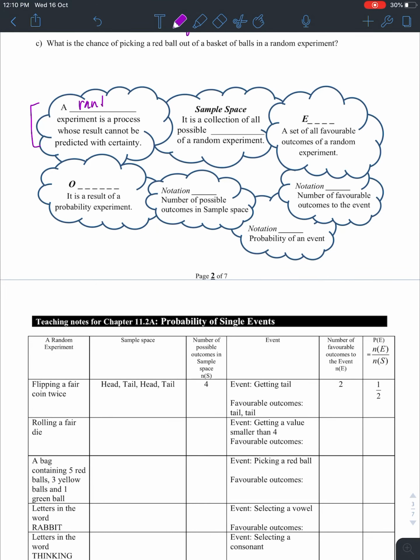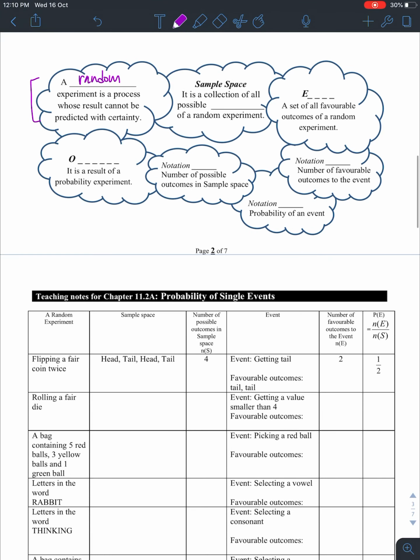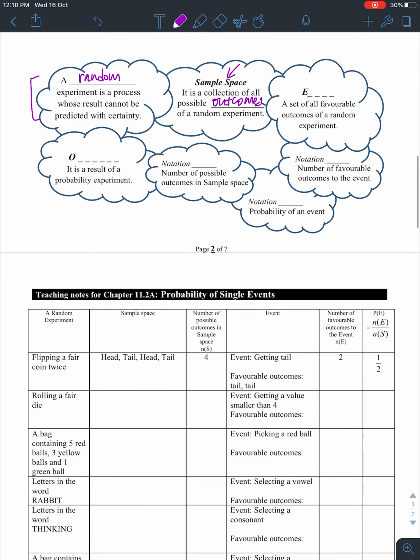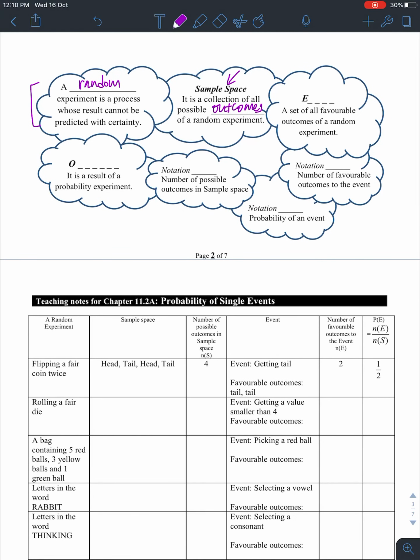The sample space is a collection of all possible outcomes of a random experiment. A set of all favorable outcomes of a random experiment is an event.